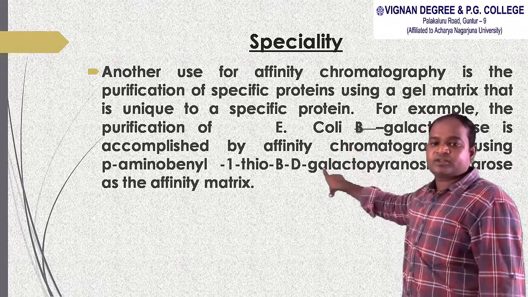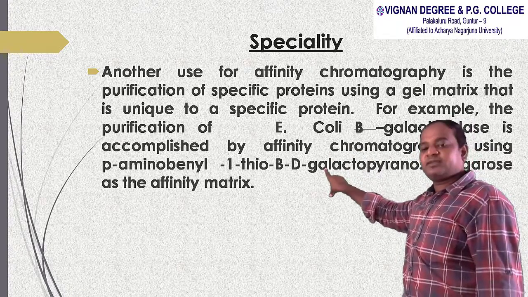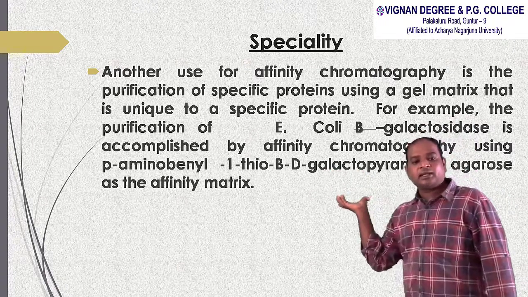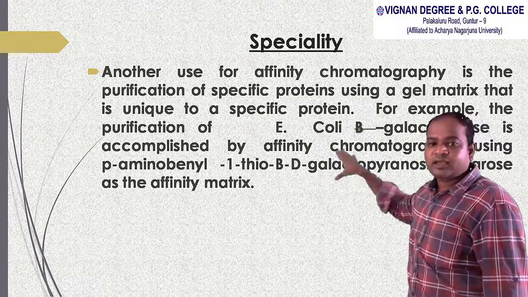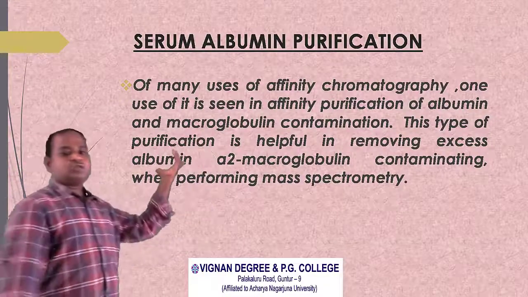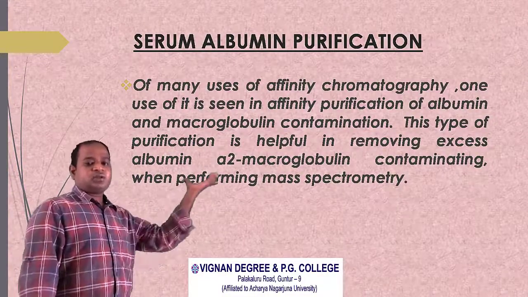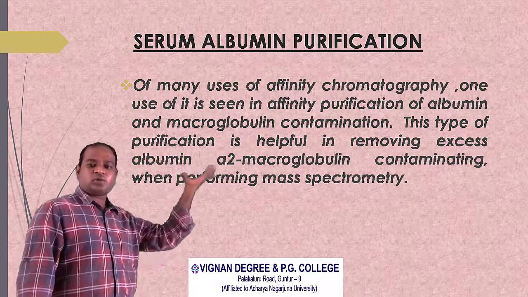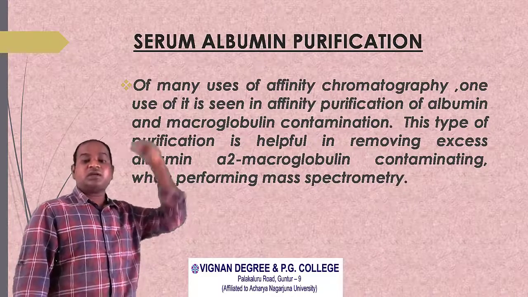For example, purification of E. coli beta-galactosidase is accomplished by affinity chromatography using p-aminophenyl 1-thio-beta-D-galactopyranoside agarose as the affinity matrix. Another example is serum albumin purification. Our serum contains different albumins which bind to specific proteins present on the receptors.